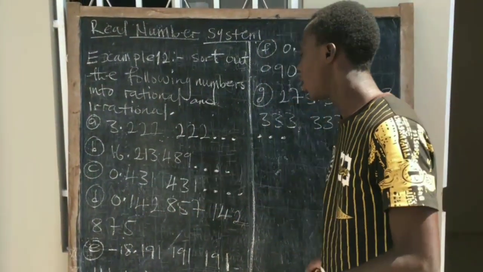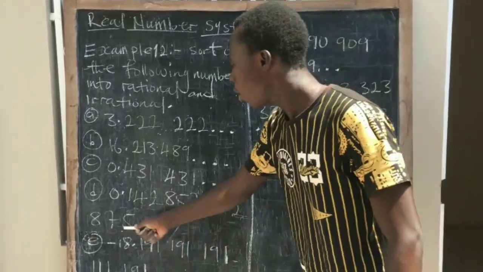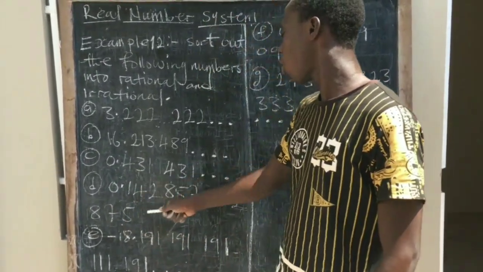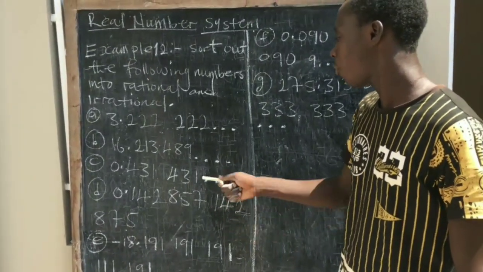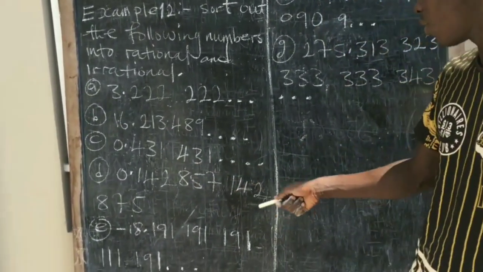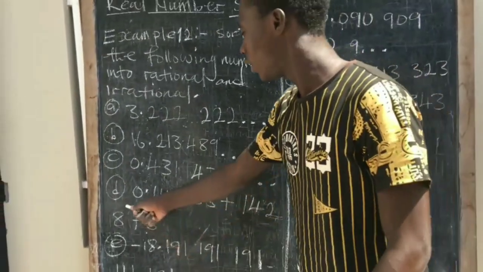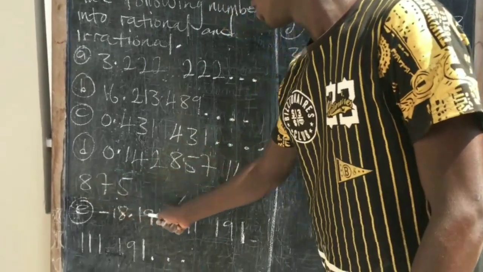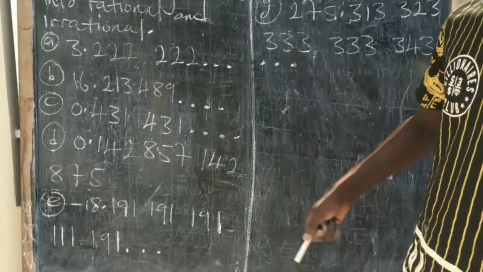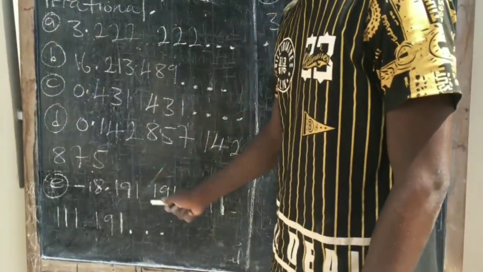Now D, 0.41285, 0.142857142. So D also is what? Is a rational number. It is non-terminating. So it is a rational number.